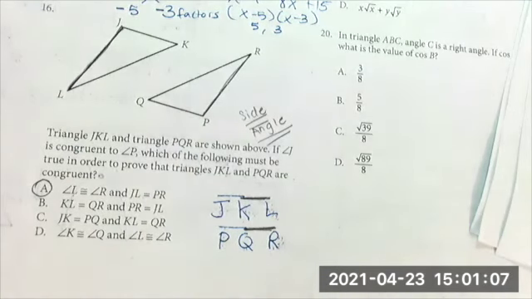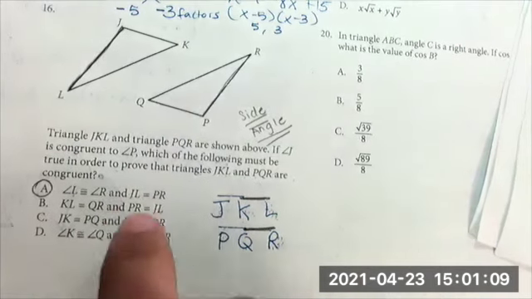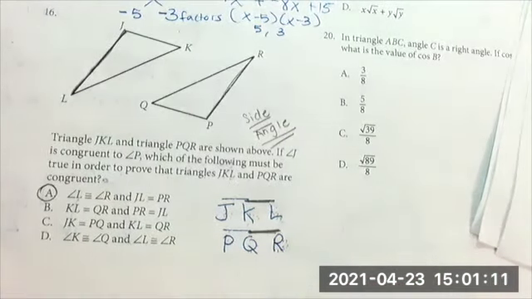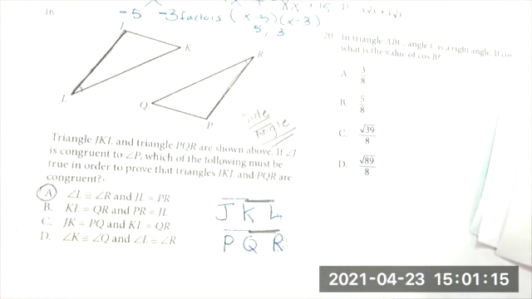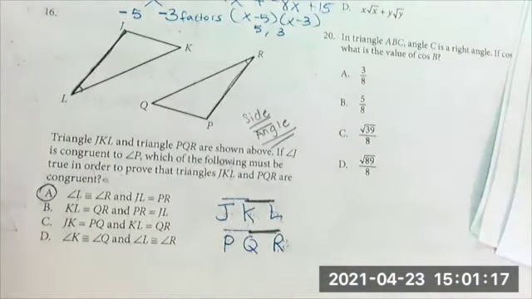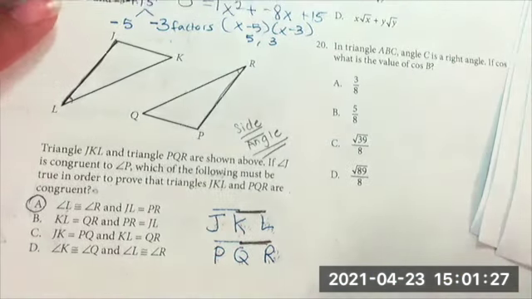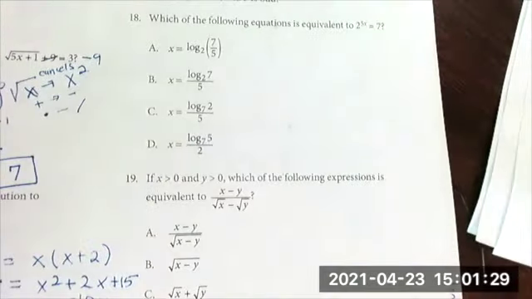So remember that. In order to prove that these are congruent, we need to have a side and we need to have an angle as well. Just keep that in mind for future references.